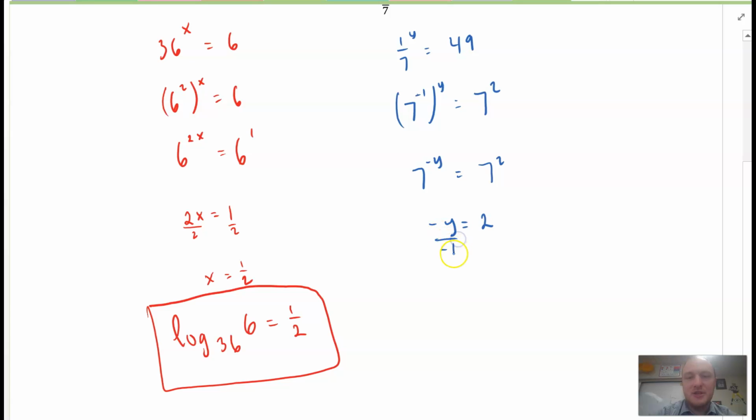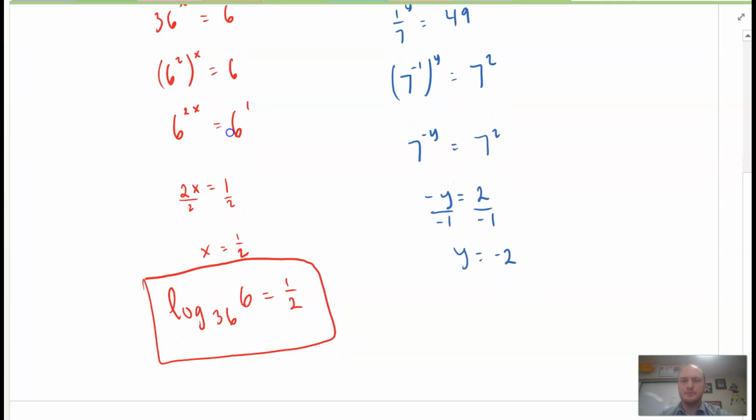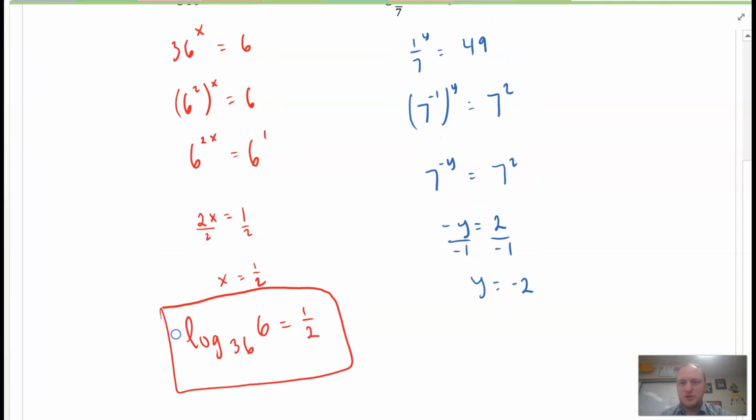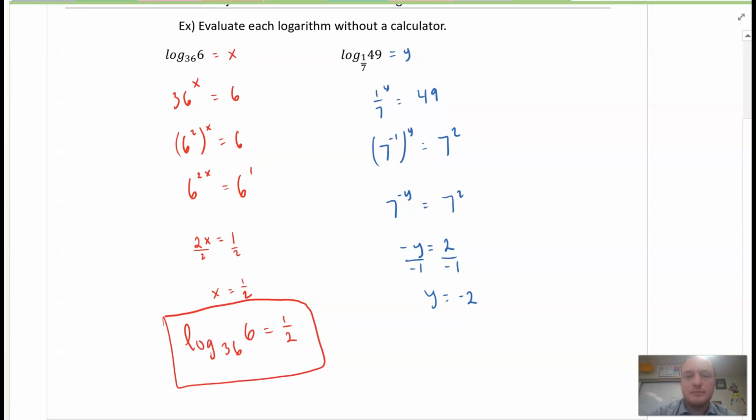So if we divide both sides by -1, we know y is equal to -2. I always have to zoom out because I forget what the expression was. Log base 1/7 of 49 is equal to -2. All right, not so bad, right?